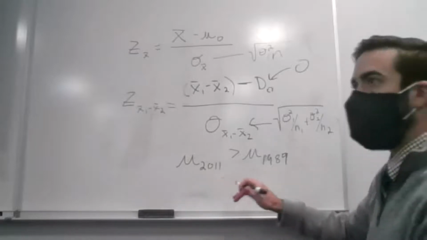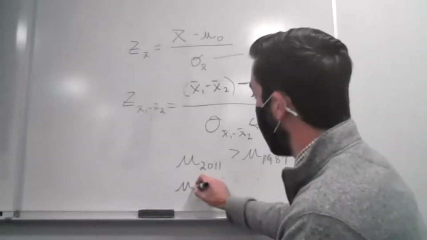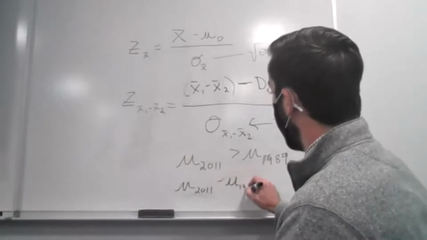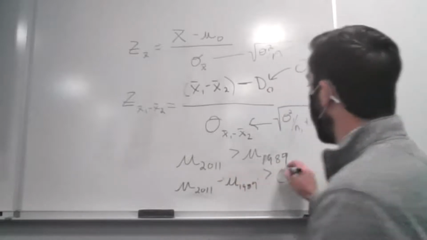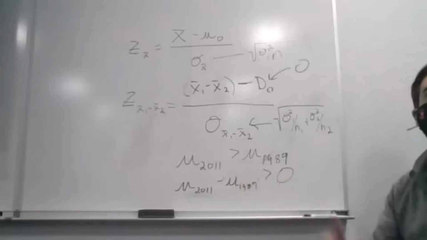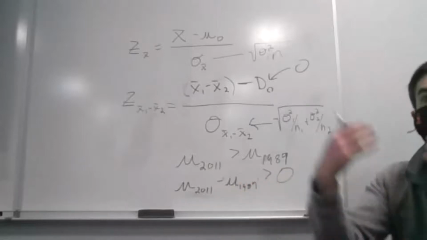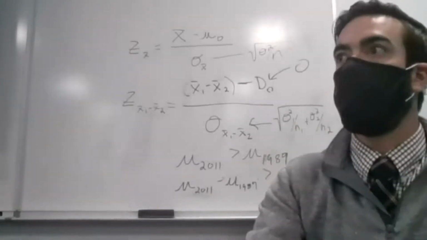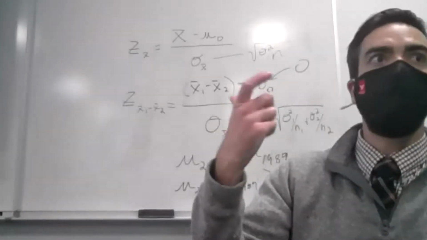If I want to rearrange this to look like a difference, I subtract the mean of the older time period from both sides. What I'm really testing for is, is that difference a positive value? Because if they've increased in recent years, when I take the recent year average, subtract the older year average, if it went up, that'll be a positive value.